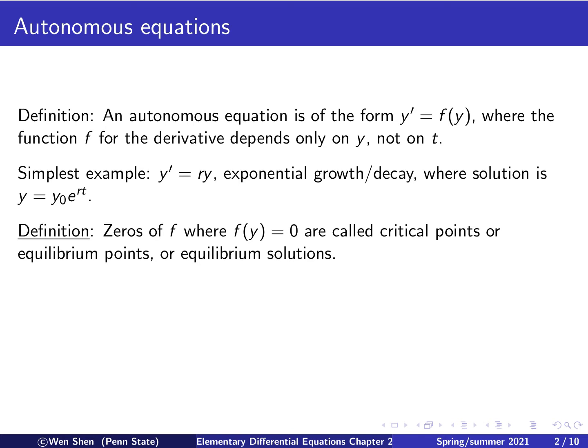The zeros of f, there might be one, there might be multiple, or none, depending on your f. If you find one, these are called critical points. They are also called equilibrium points, or equilibrium solutions. These terms are used in different contexts.